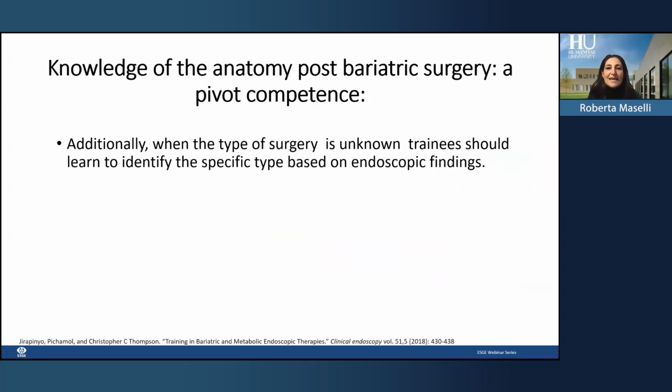In this case, we should be able to identify the specific type based on endoscopic findings. The endoscopic findings are the most important thing, and we should be able to report and understand through our findings which type of altered anatomy and which type of surgical procedure the patient underwent.